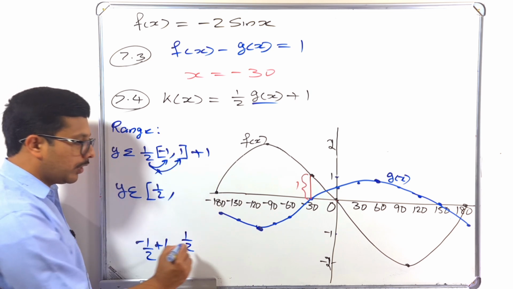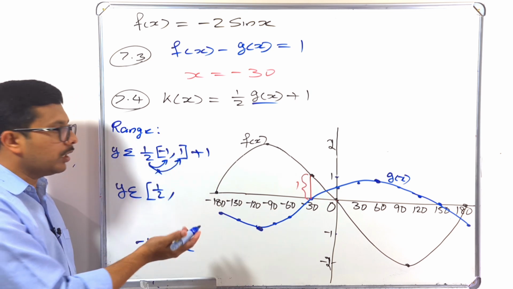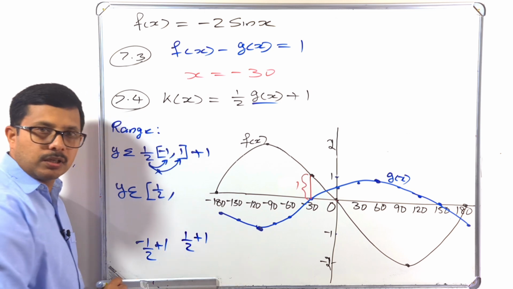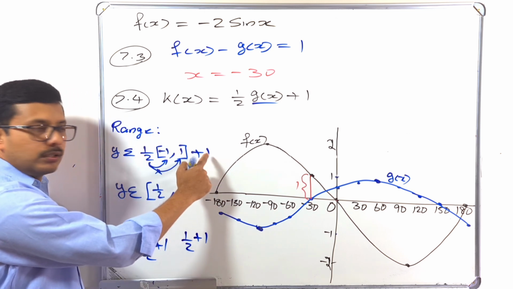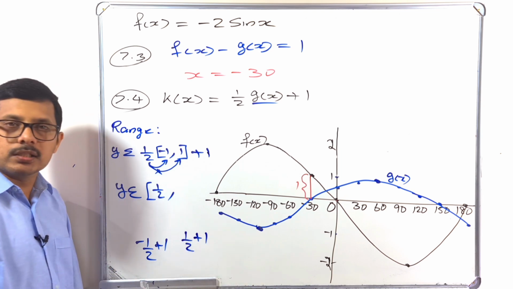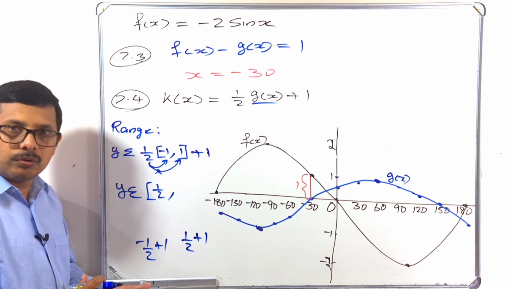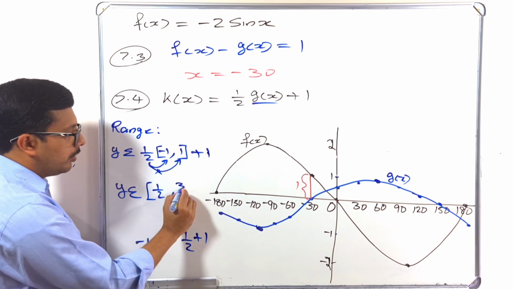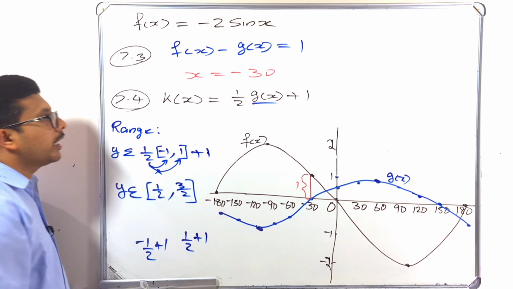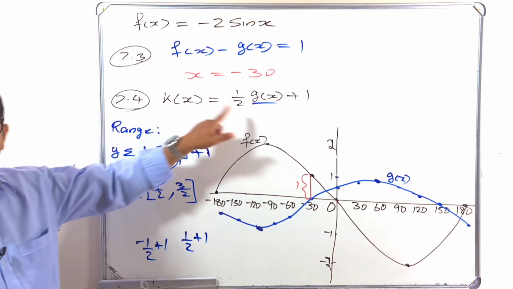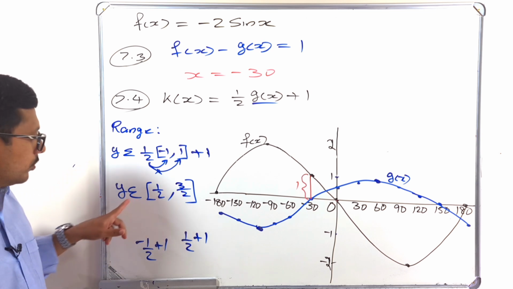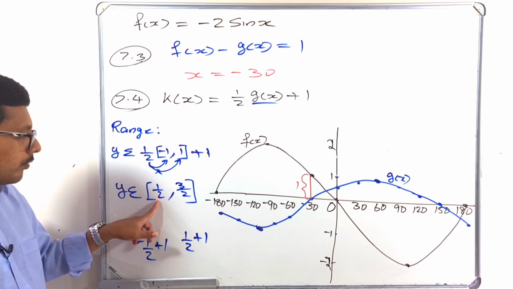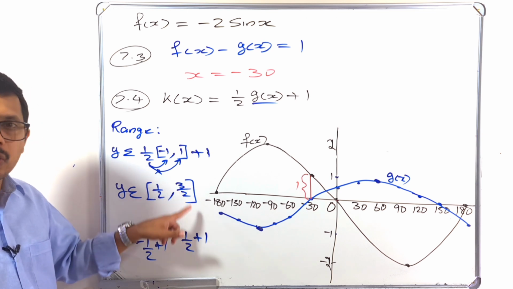Half times 1 is half, plus 1. Half plus 1 is, check in your calculator, 3/2. So the range of k of x is half to 3/2. So y is an element of the closed interval half to 3/2.